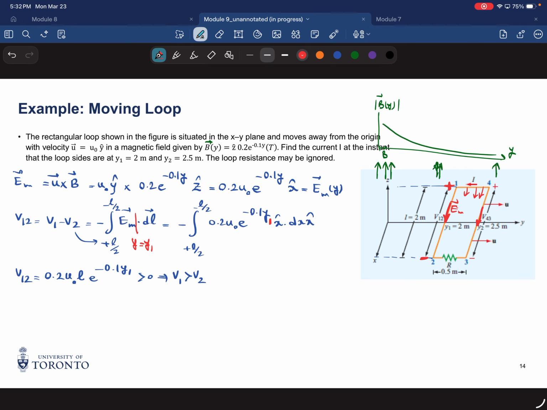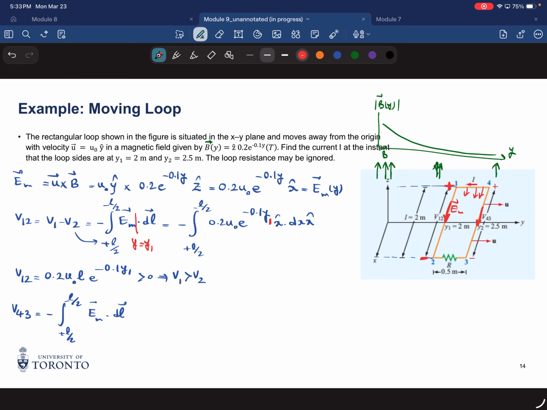Okay? Now, let's do the same thing for 3, the other side of the rectangle. If we do that, then V43, similar to the way we did it here, is going to be minus the integral of EM dot dl.